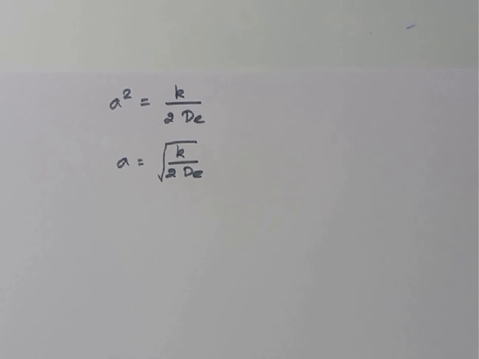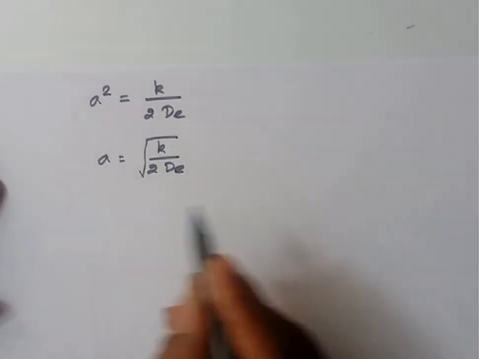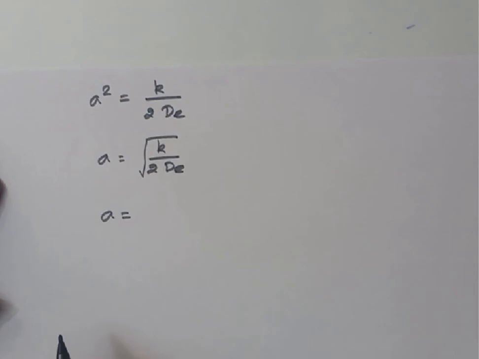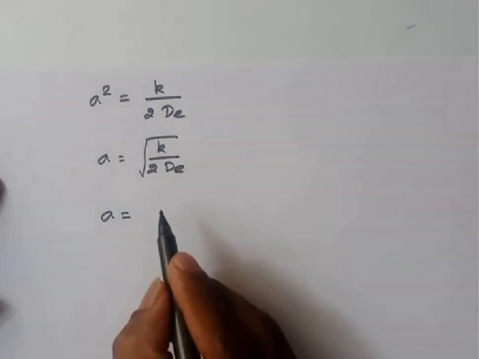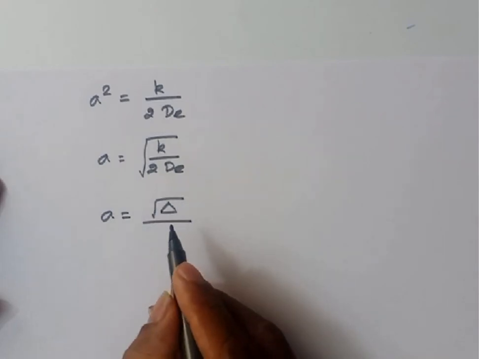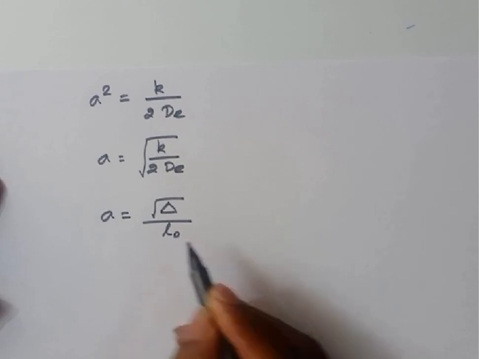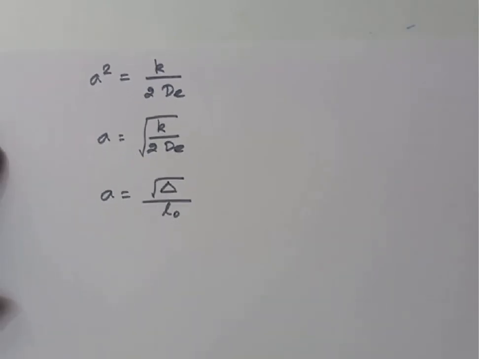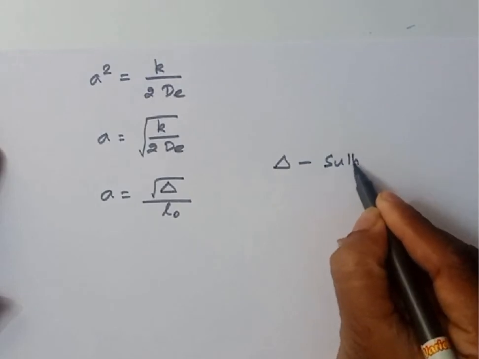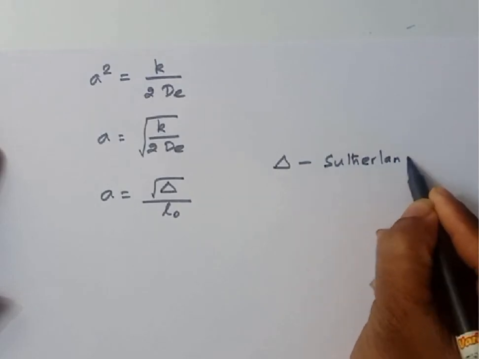And we usually write this value in terms of the Sutherland parameter, delta, as square root of delta divided by the equilibrium bond length L naught. Students, observe carefully. What is delta? Delta is called the Sutherland parameter.